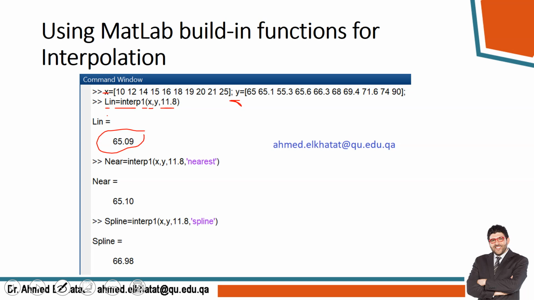Then we want to interpolate using the nearest, so we put interp1(x, y, 11.5, 'nearest'), and it gives me 65.10. Spline: interp1(x, y, 11.8, 'spline'), so the value becomes 66.98.